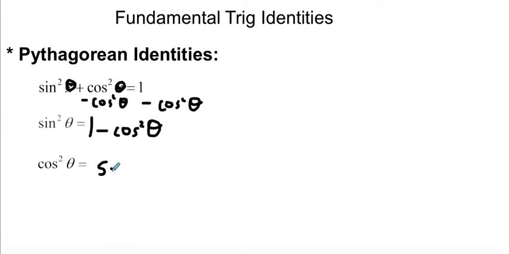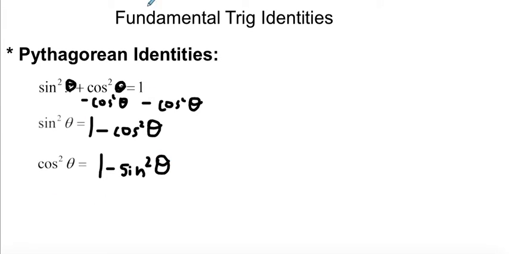So sine squared, oops, got too fast there. Erase that. I'll try that again. So really this is 1 minus sine squared theta. And if you want to write this on the front side of your identity sheet, go for it.